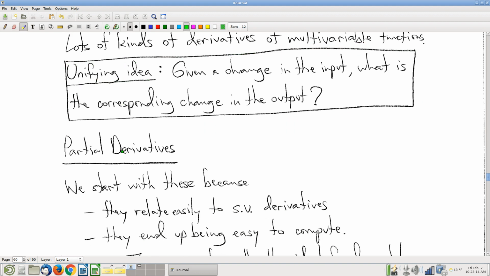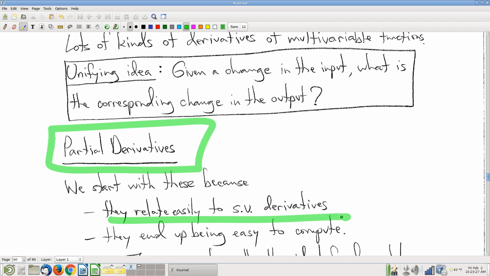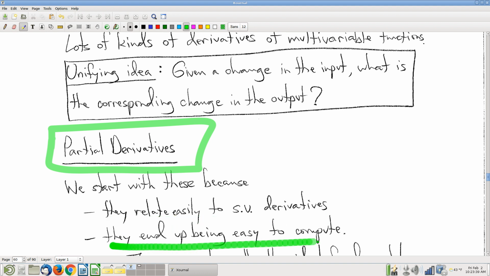So we're going to start with partial derivatives. Most books start with partial derivatives. We're going to start with partial derivatives for three reasons. One, they're easily relatable. You're going to see that momentarily. They kind of feel a lot like single variable derivatives, so that's not a big stretch. It's very satisfying in that way. And secondly, they're super easy to compute.